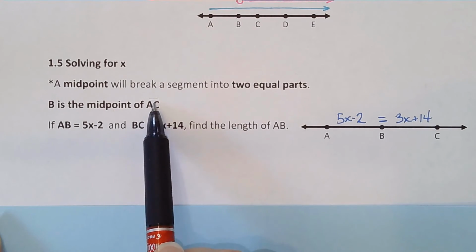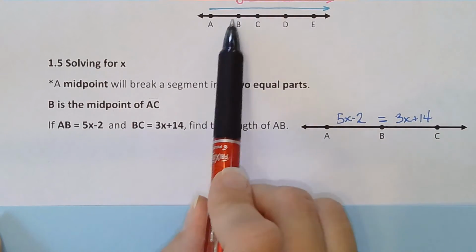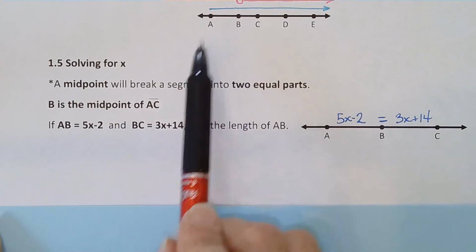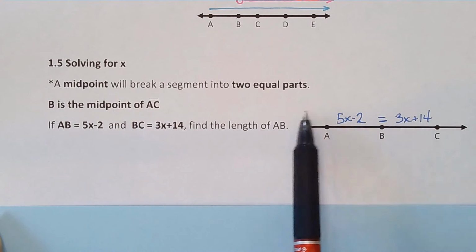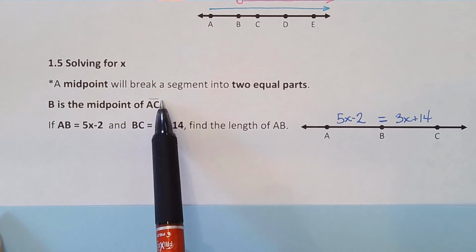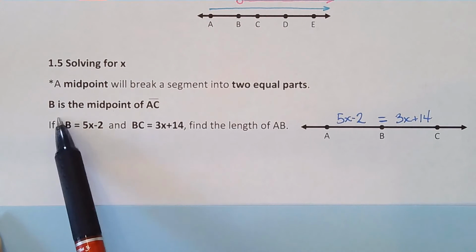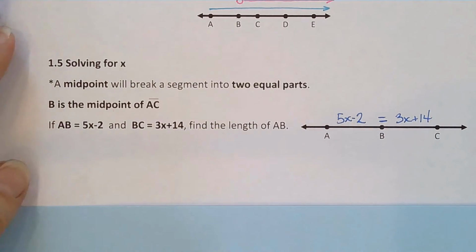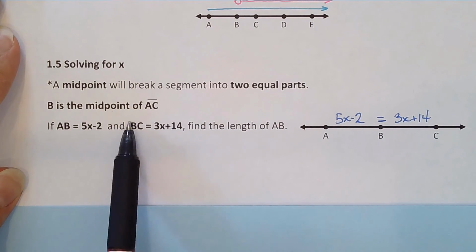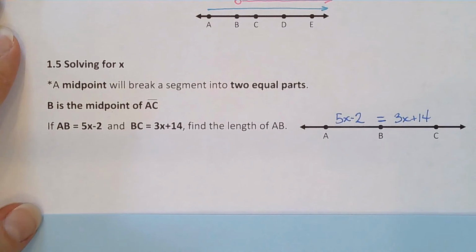Only if we're talking about the picture of it, okay, and B is the midpoint of AC, so we're talking about the picture in that case, so we would use the segment symbol here, but we don't need to use a segment symbol if we're just talking about what a length of a segment is. So hope that doesn't cause any confusion for you, but that's why you don't see a segment symbol above each of those.